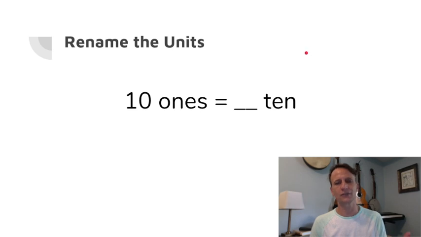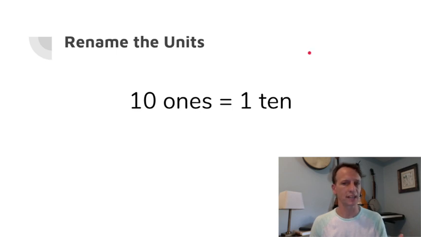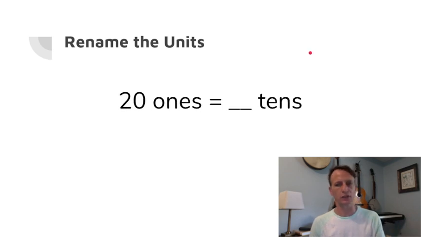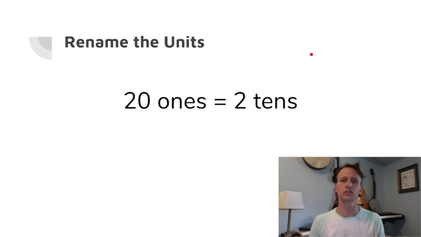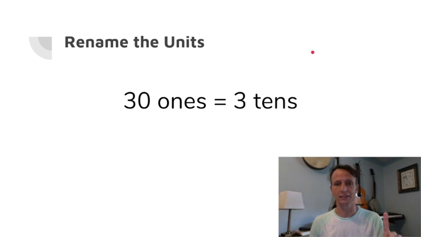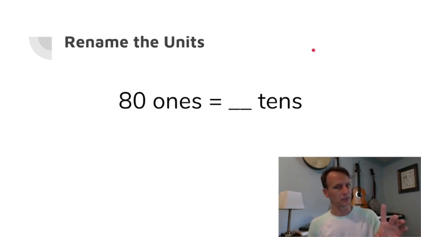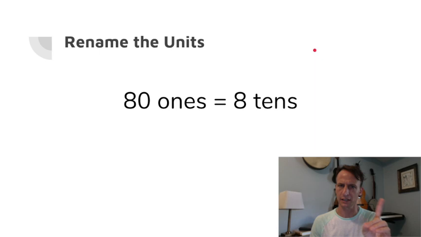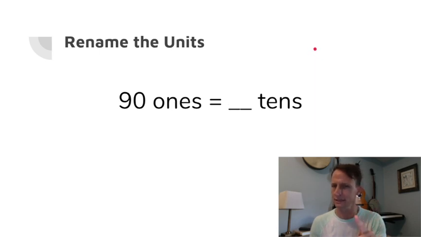If you have 10 ones, how many tens is that? 10 ones, that's 1 ten. Okay, so 20 ones would be 2 tens. How about 30 ones? 3 tens. 80 ones, 8 tens. Now we're going to step it up a bit. 90 ones, 9 tens.